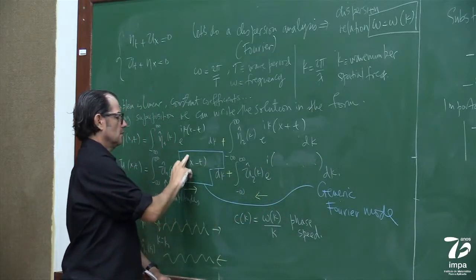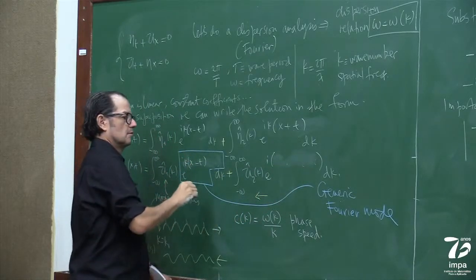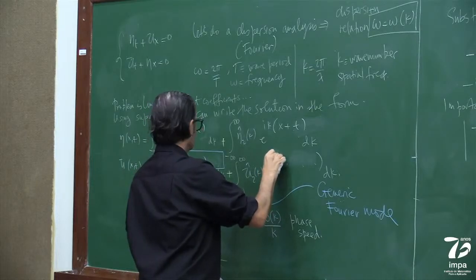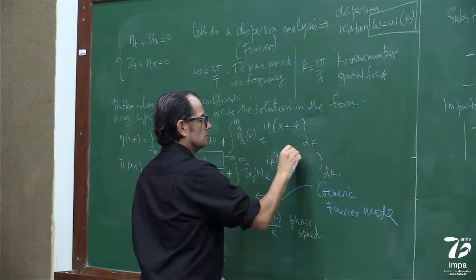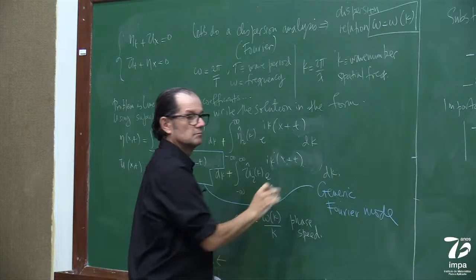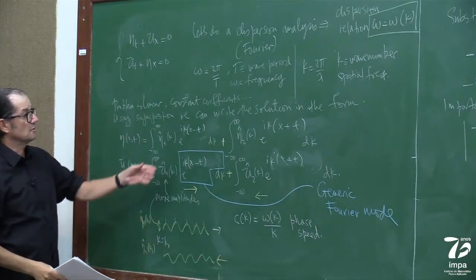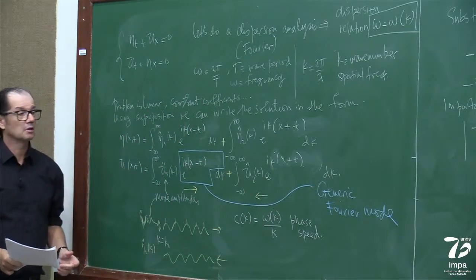I forgot the k here. So this is the Fourier representation of my solution.